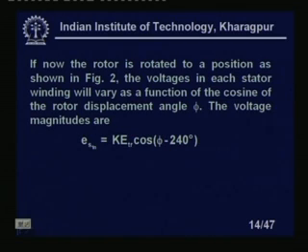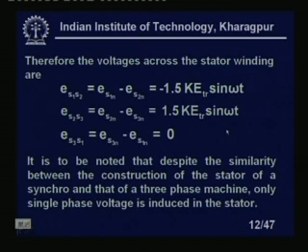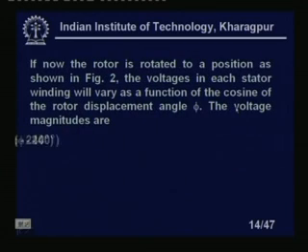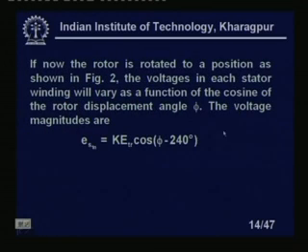The voltage magnitudes are ES1N equal to K ETR cos of phi minus 240 degree, obviously multiplied by sin omega t. Please note, sin omega t will be there everywhere because that is the excitation signal, so I am not writing it each time.